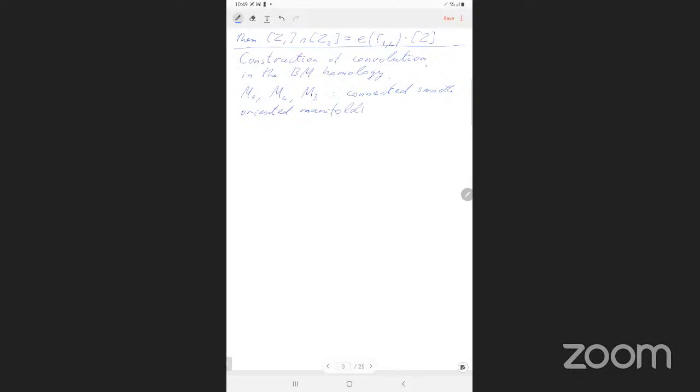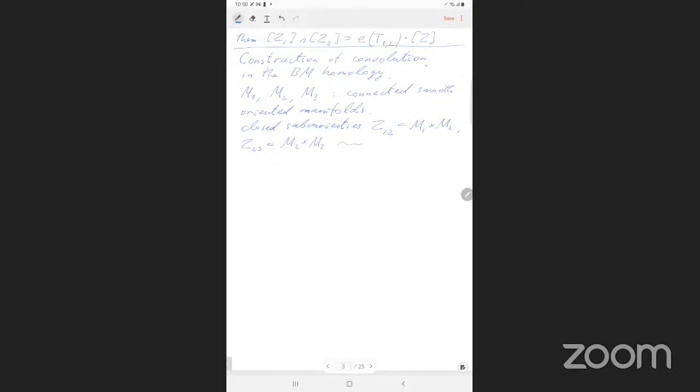And we have closed subvarieties, but not necessarily smooth anymore: Z1,2 in the product of M1 and M2, and Z2,3 in the product of M2 and M3.